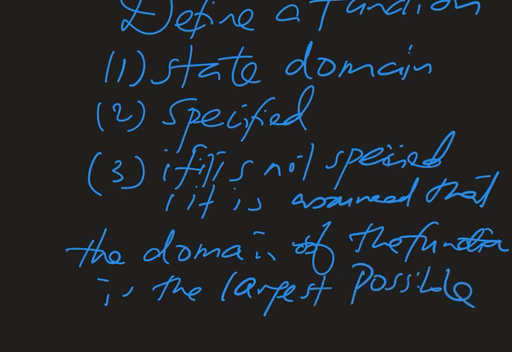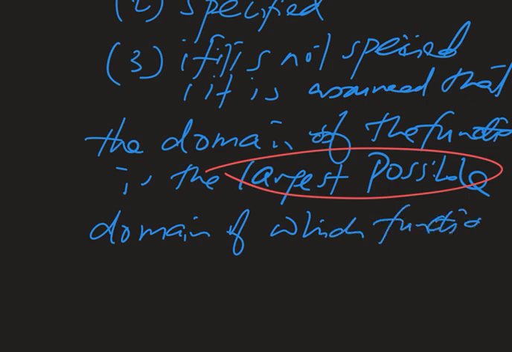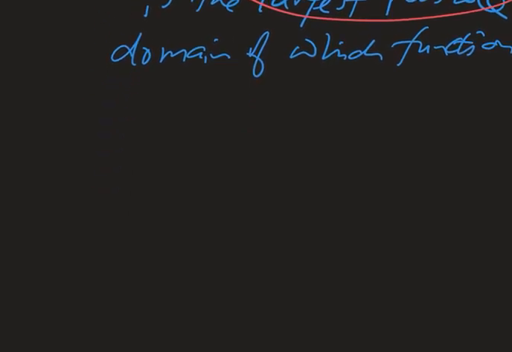So there is a keyword here, largest possible domain of which the function is defined. So let's go through some examples.